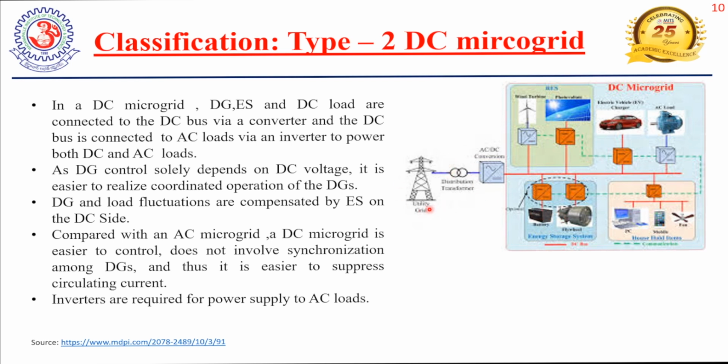Similarly, the grid is a conventional or utility grid, which is an AC supply system. For that purpose there is a converter which converts DC to AC. After that comes the transformer, then we feed the transmission line or utility grid. When a DC bus bar is used in the microgrid, such a system is known as a DC microgrid system.